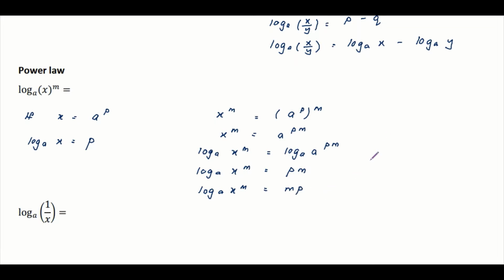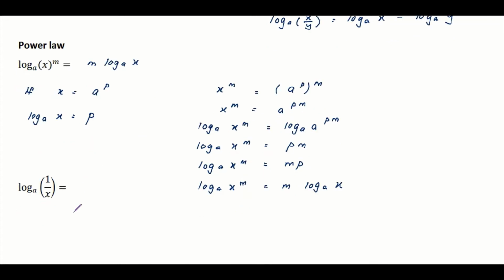So log_a x^m will be equal to m, then what's your p? My p is log_a x, right? So m log_a x. So you know how this comes about. So that's why log_a x to the power of m, you can always bring the m forward. Sometimes you say you multiply the m in front, right? So that's the idea of it. So this is how you actually get this identity.